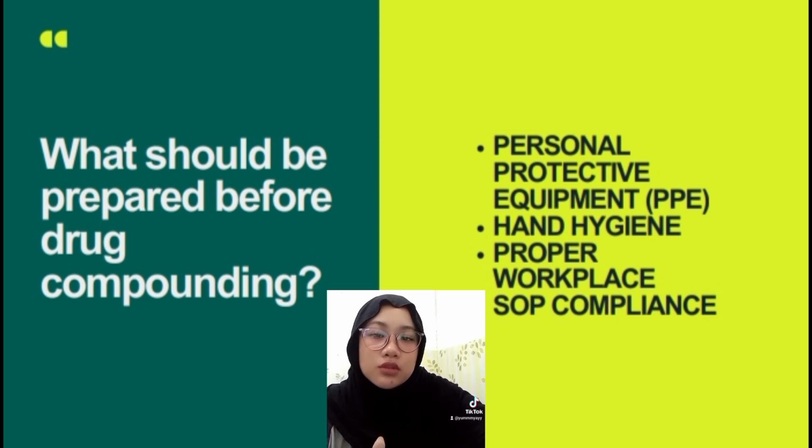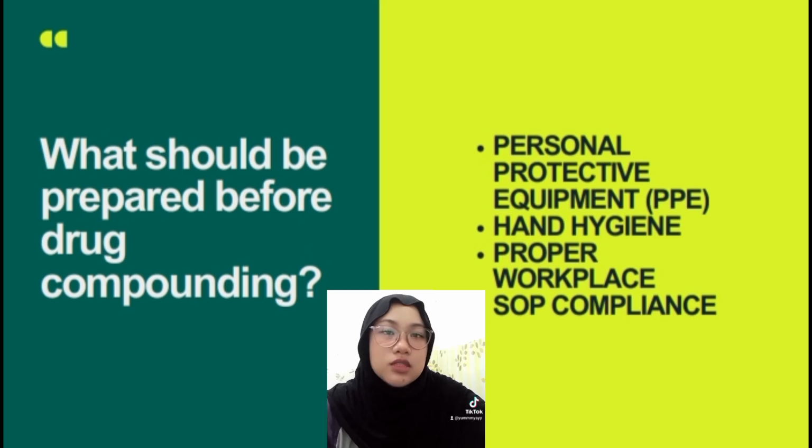Safety procedures should not be seen as an additional burden, but as an essential part of the drug compounding process. By consistently applying occupational safety and health procedures, we can minimize work accidents, maintain drug quality, and ensure patient safety.